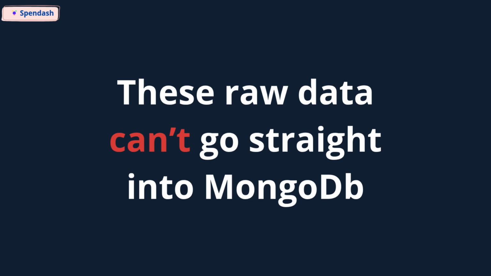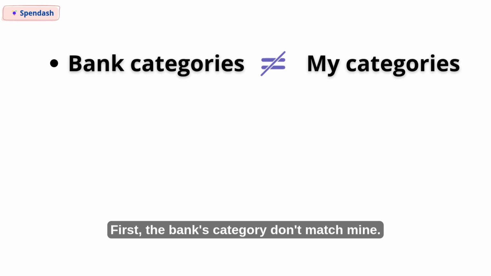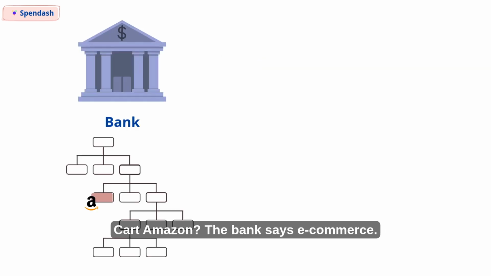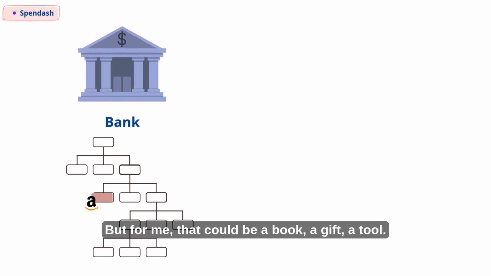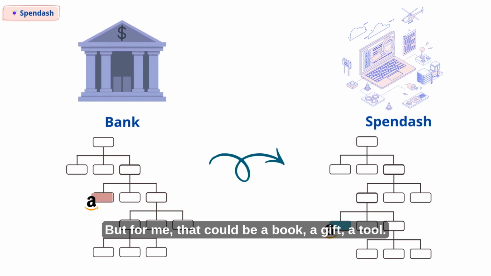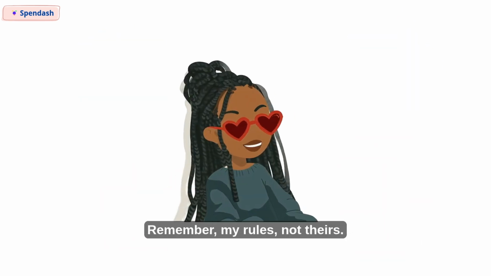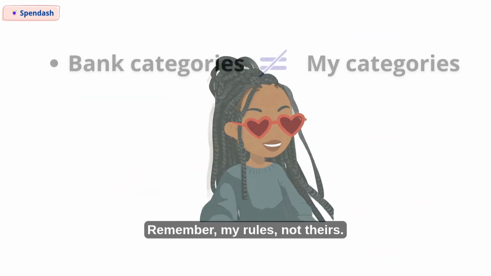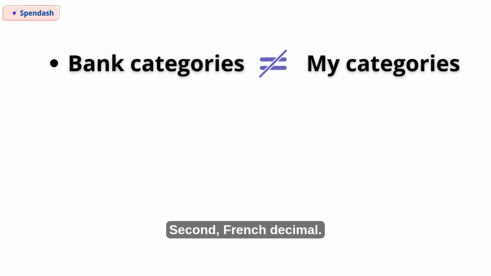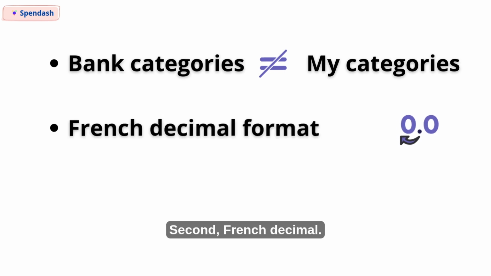Why not? Three problems. First, the bank's categories don't match mine. Carte Amazon, the bank says e-commerce. But for me, that could be a book, a gift, a tool. Remember, my rules, not theirs. Second, French decimals.